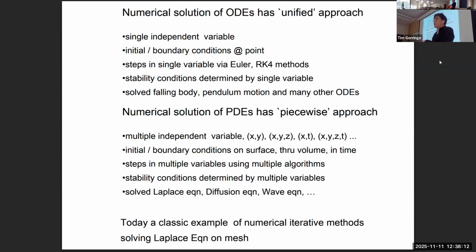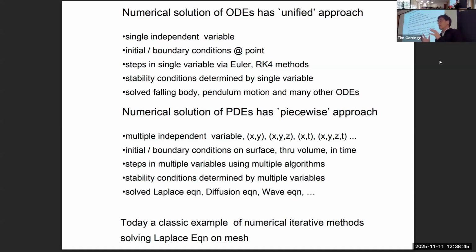Now, the initial conditions are not specified by the location and velocity of a falling body at a certain point in time, or the location and velocity of a pendulum at a certain point in time, but rather the initial conditions or boundary conditions are specified often over some surface, around some surface, or after some surface surrounding some volume.